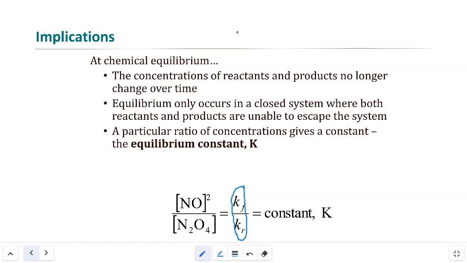So why can we do this? Because again, it's a state of equilibrium, which means that if the rates are equal to each other, then the concentrations will not change if we are at equilibrium.